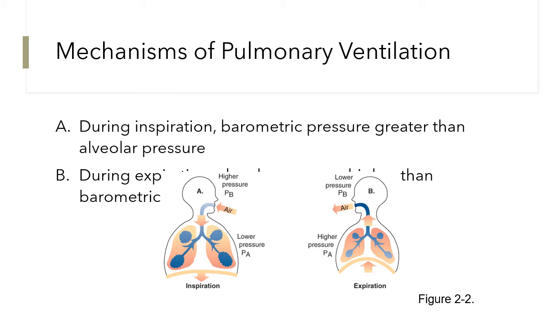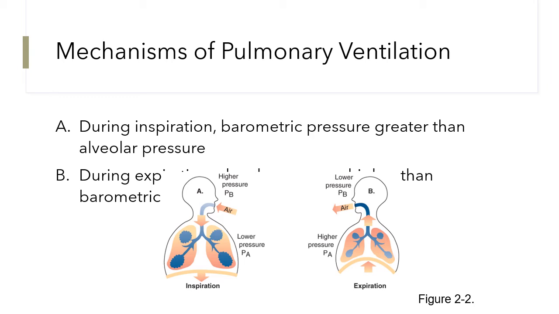Air moves out to the air. The air pressure is 760, which is actually less than the pressure inside the alveolus, 765, because the action of the diaphragm relaxing created a positive pressure. So where does the air go? It goes out the mouth towards the area of lowest pressure.